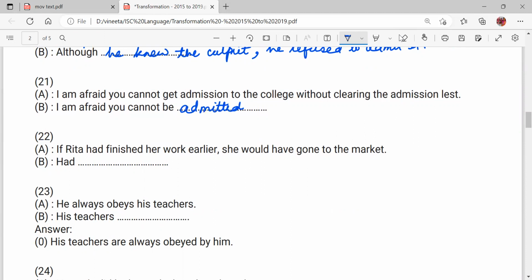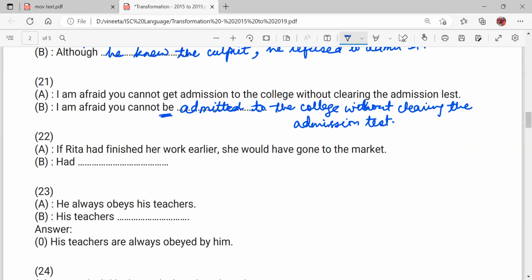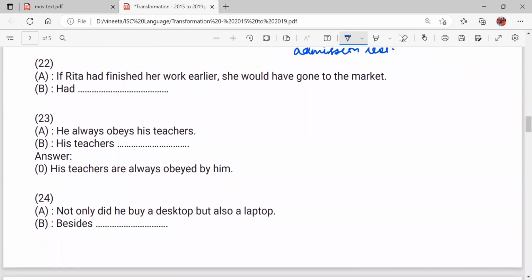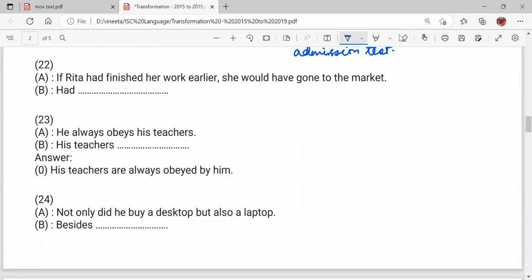Now, only a change in the part of speech has to be made over here, because you cannot get admission is given, and here it has to be cannot be. So, I'm afraid you cannot be admitted to the college without clearing the admission test. Right?